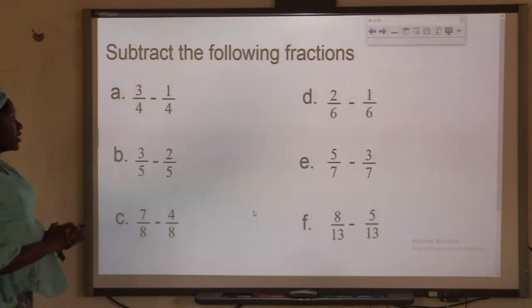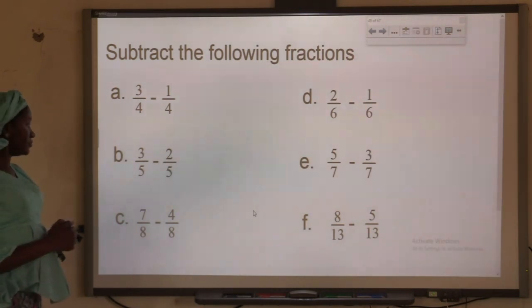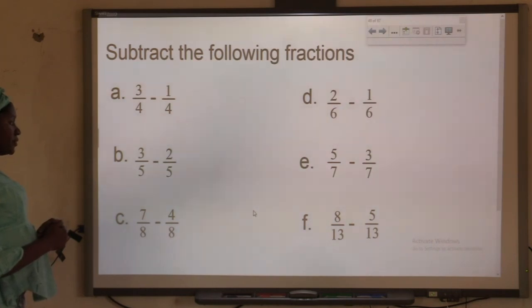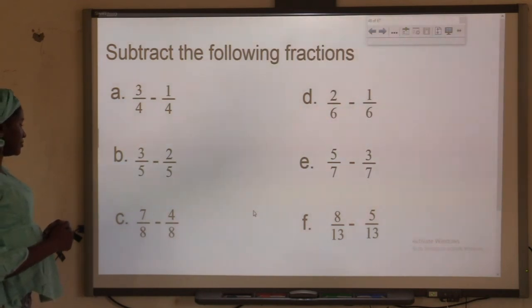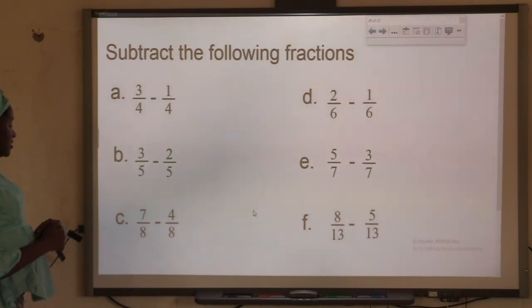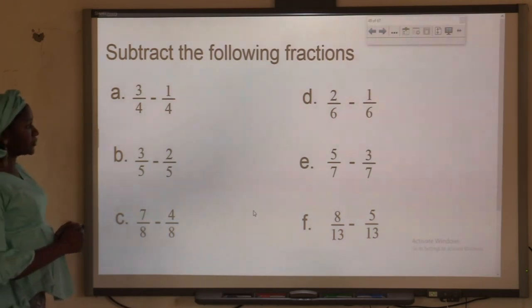A, 3/4 minus 1/4. B, 3/5 minus 2/5. C, 7/8 minus 4/8.